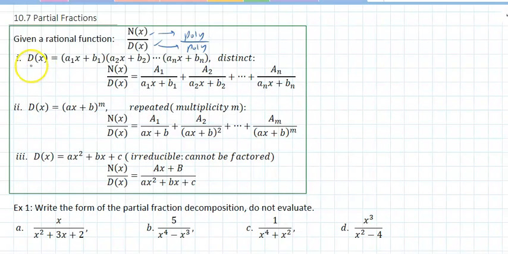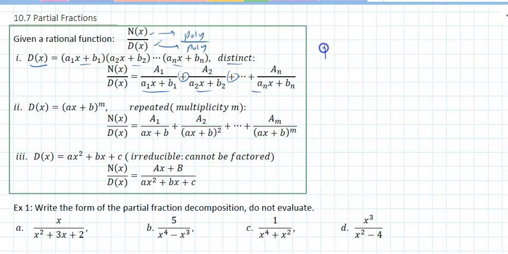So if the denominator happened to be a product of distinct factors, then you would say, well, let's take the denominator and spread it out, always adding. And we want to write this as a proper fraction.